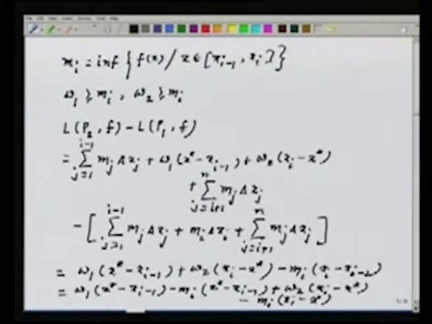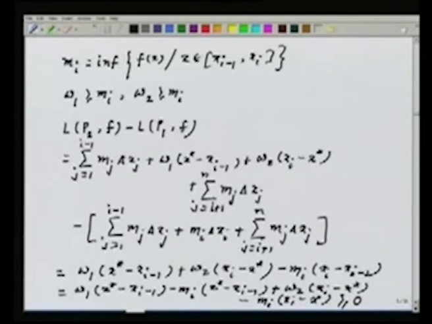So what I have done is, when I look at the quantity mi times (xi minus xi minus 1), I am just writing this as (x star minus xi minus 1) and then (xi minus x star). And then since I know that W1 is bigger than mi, and W2 is also bigger than mi, I get that this quantity is bigger than or equal to 0. That settles the case, because that means then LP2F is bigger than or equal to LP1F.